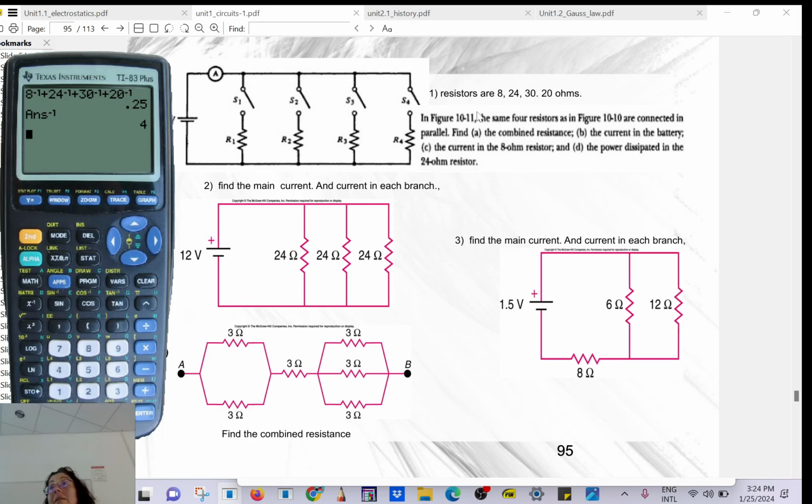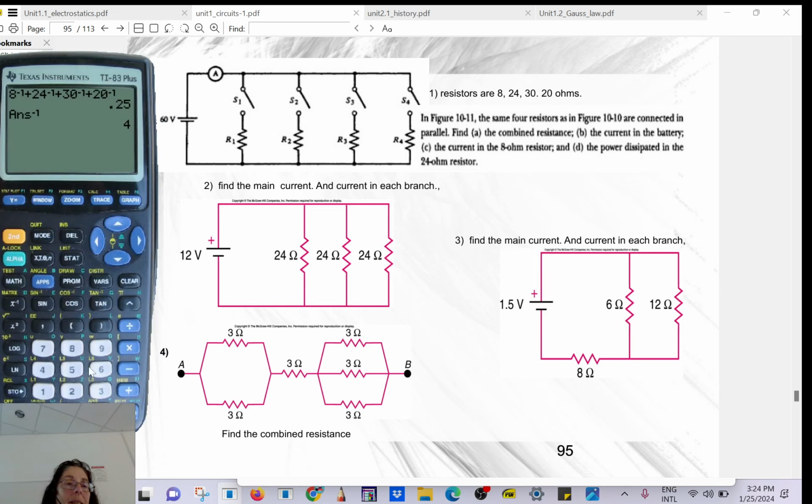So the equivalent resistance is always smaller than the smallest one. Part B, the current in the battery. It's going to be 60, and then you divide by 4.